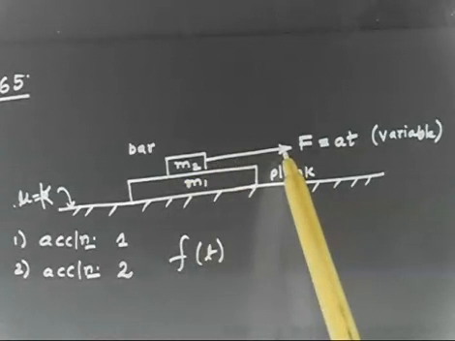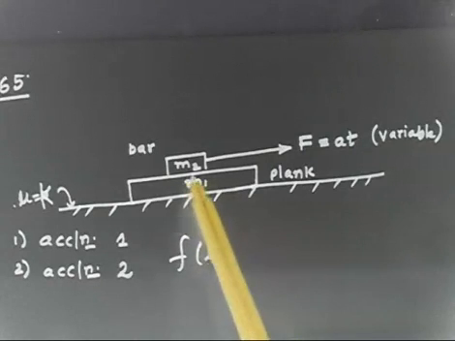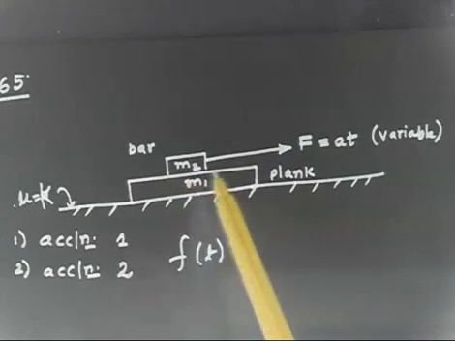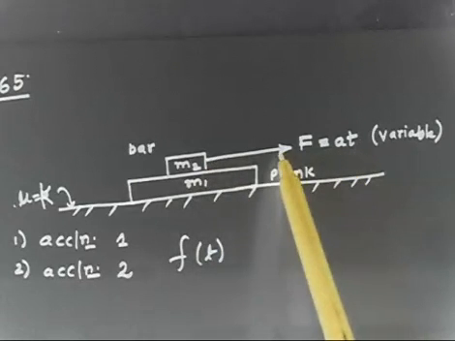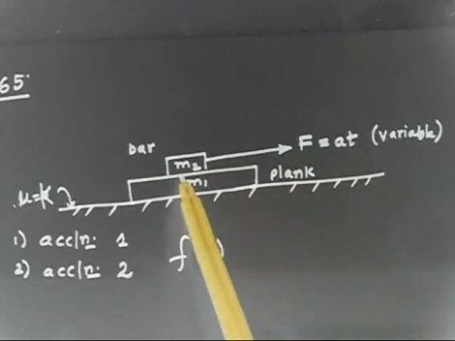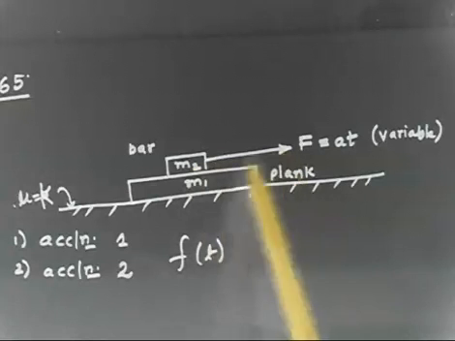If you grow this force, the friction force will also grow, but only up to a certain limit. After a certain point of time, this friction force will not grow because it is static in nature. After some time, kinetic friction will start. Because this force keeps increasing, the friction force will become constant while this force is still increasing. So now this block will slip over this.